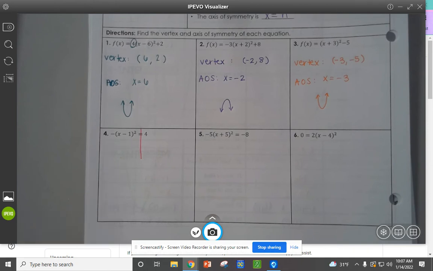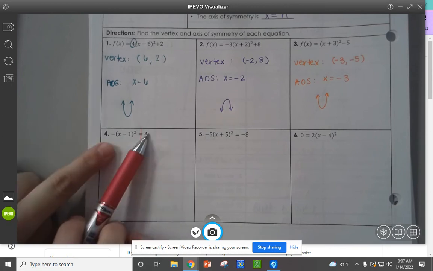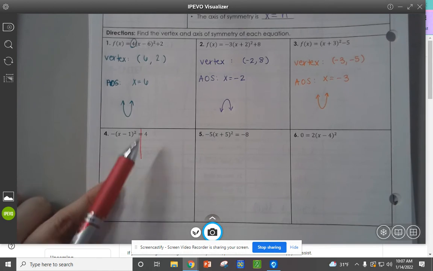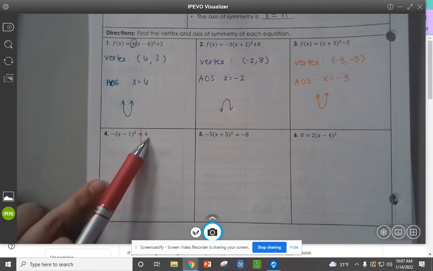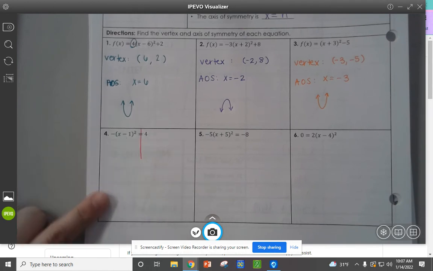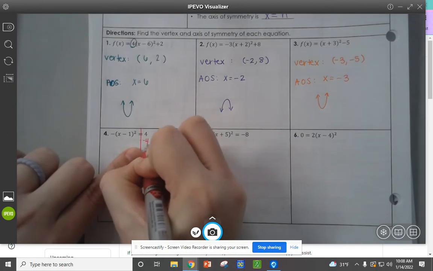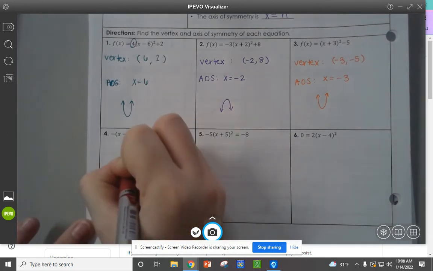We want the 4 over here. All we want to do is move the 4. How do we move something to the other side? We're going to subtract 4. This is a positive 4, so we're going to subtract 4.